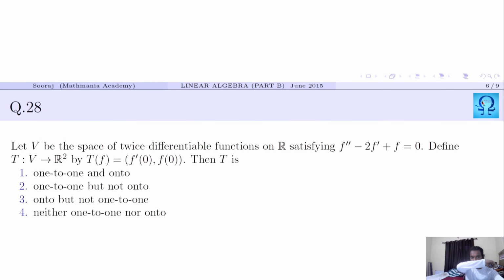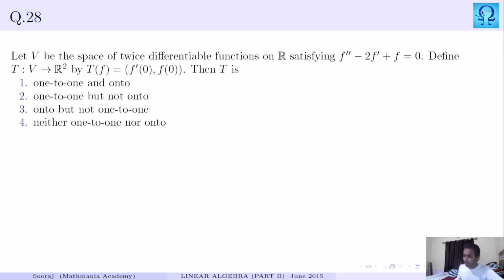Right? Now, we are coming to the next question. V is given to be the space of twice differentiable functions satisfying these conditions. Here, what can be the auxiliary equation? That is m squared minus 2m plus 1 is equal to 0. When you solve it, you will get m is equal to 1, which is repeated twice.